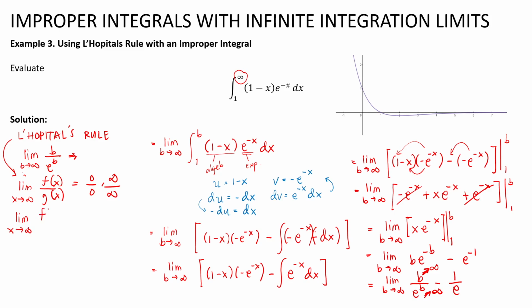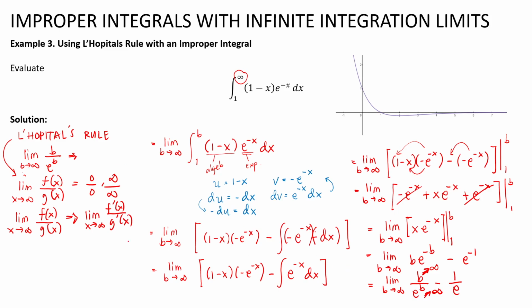You get the derivative of the numerator and the derivative of the denominator. So this becomes the limit as x approaches infinity of f of x prime over g of x prime.